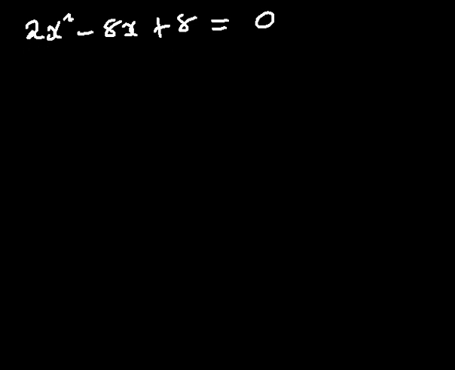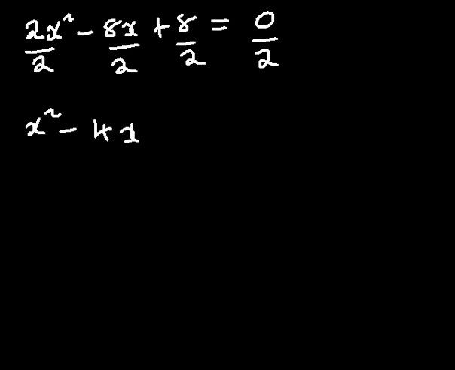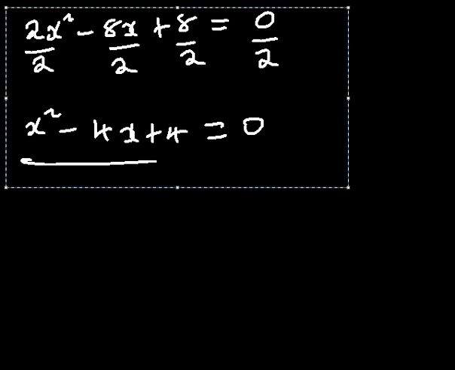What is the common factor here? We can simplify further to have x squared minus 4x plus 4 equal to 0. Then decide which method you should use to solve for x here. So proceed with that on your own.